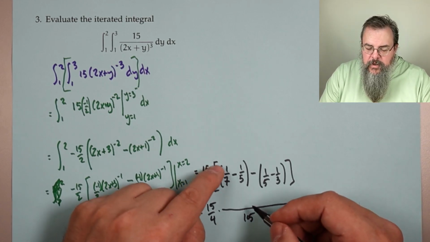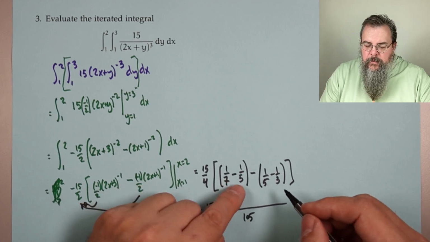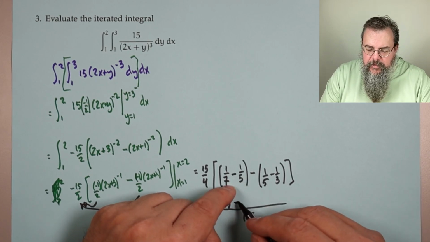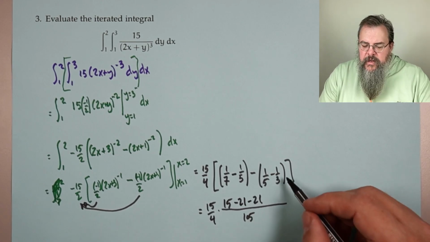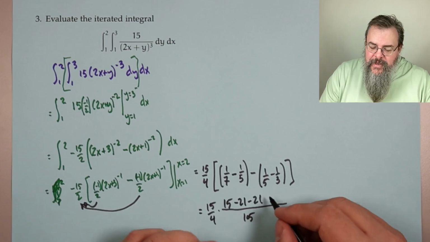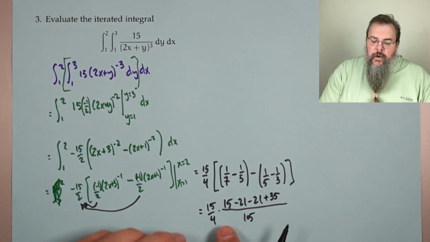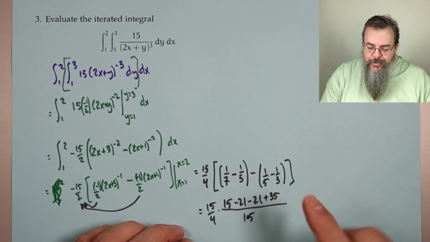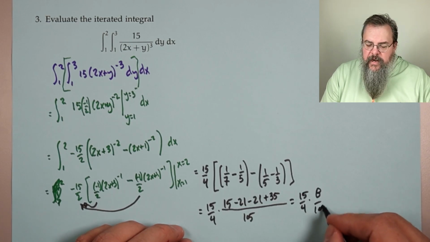Well, 1 over 7, I needed a 3 and a 5, so that's a 15. 1/5 needs the 3 and the 7, so I'm going to subtract 21. 1/5 again, so again minus 21. 1/3 minus minus, that's a plus a 1/3. I need the 5 and the 7, so that makes a grand total of 35. Well, 15 plus 35 is 50. Subtract 42 gives 8. So we have 15 over 4 times 8 over 105.